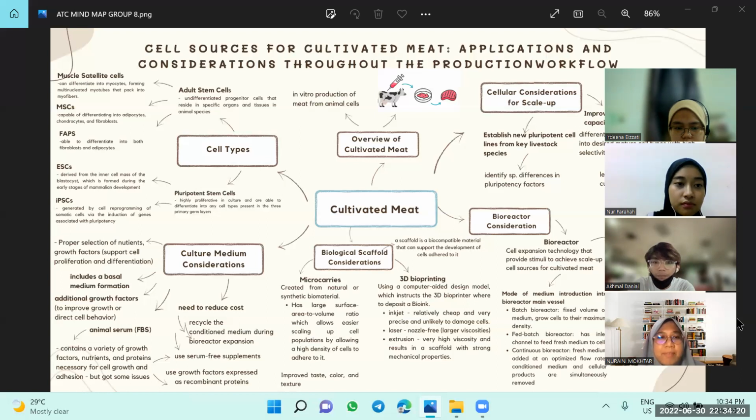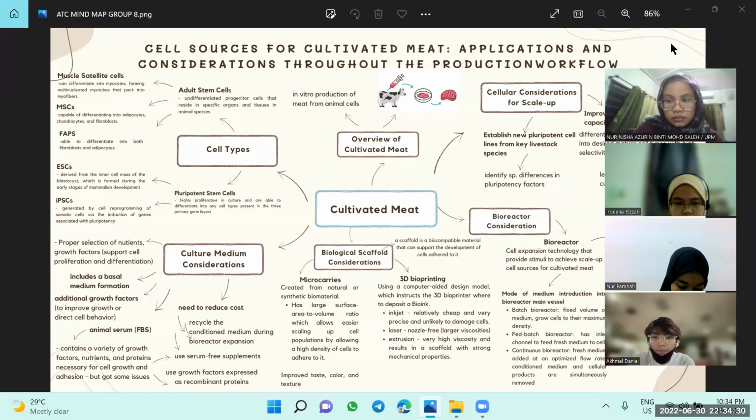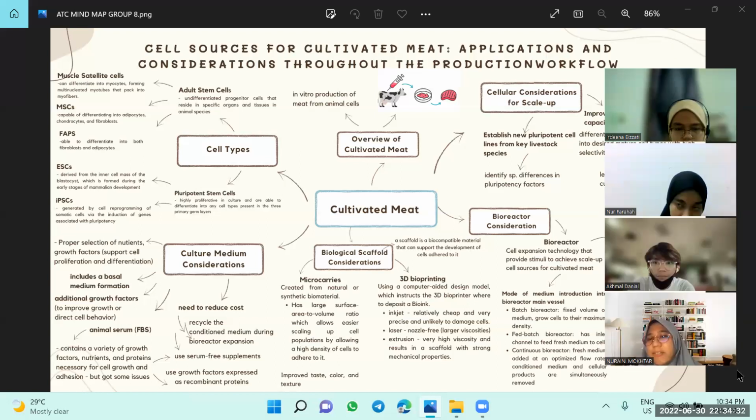and fibroblasts. So let's move on to the first one, which is the muscle satellite cell. It is a muscle resident stem cell located under the basement membrane of muscle fibers, and it can differentiate into myocytes, which in the end form multinucleated myotubes that pack into myofibers.